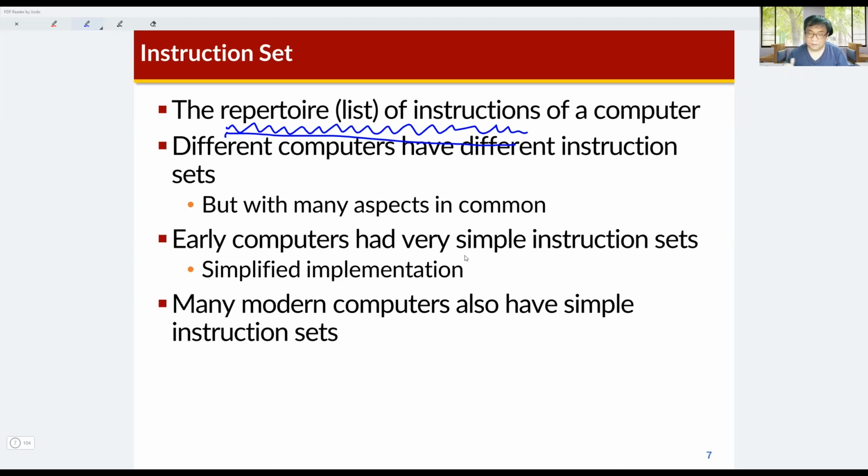So the instruction set is just the repertoire of instructions, the group of instructions.